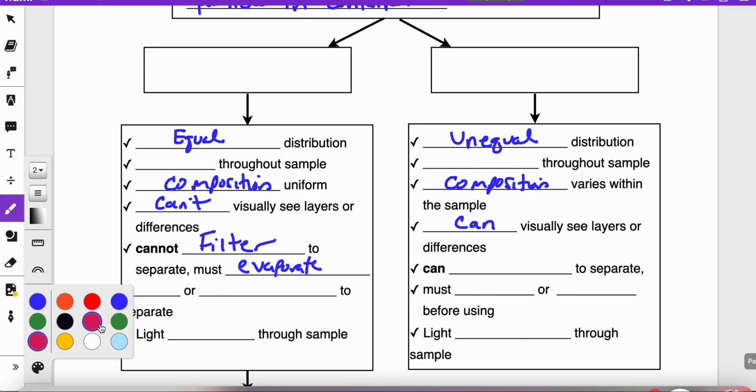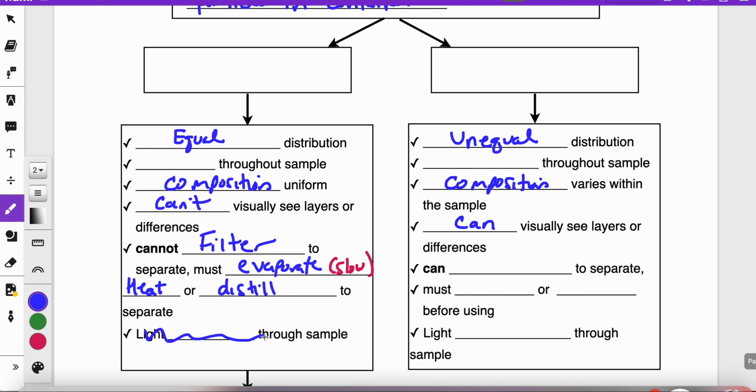So evaporate the sample, that is a slow process. We can speed up the same process by adding heat, which makes it happen at a much faster rate, or we could utilize distillation, so we could distill the sample if it applied. Okay, so I'm not going to talk about this.